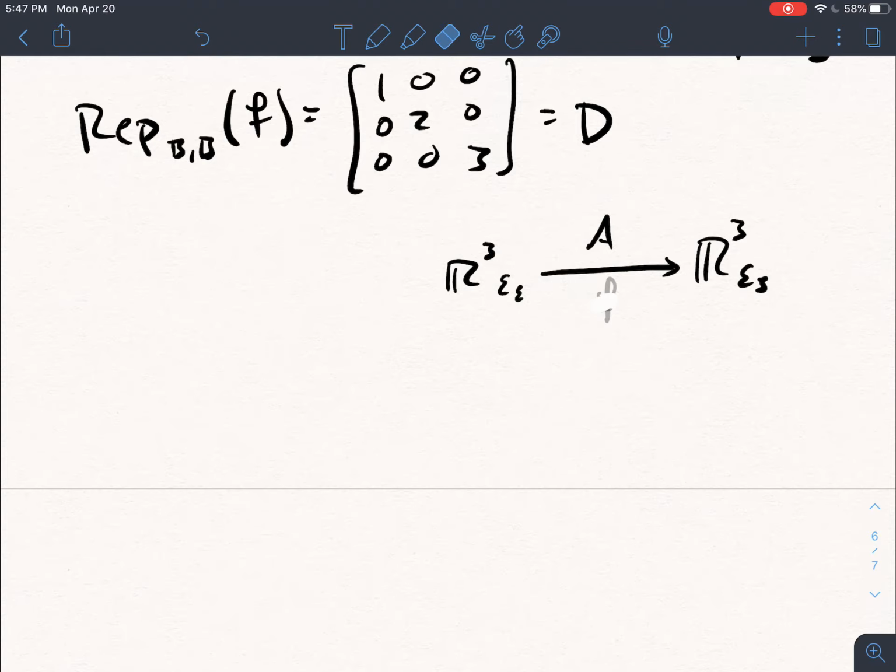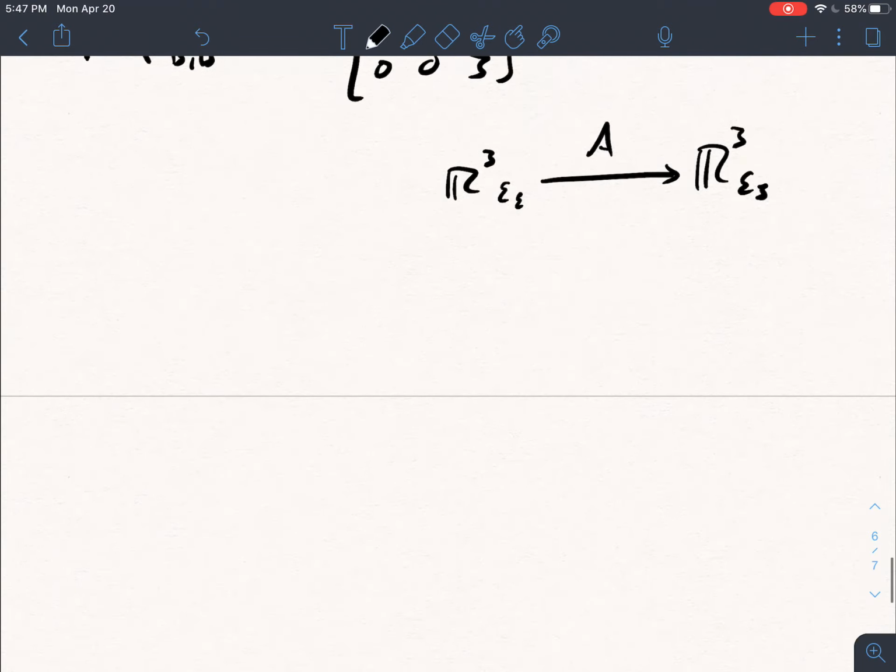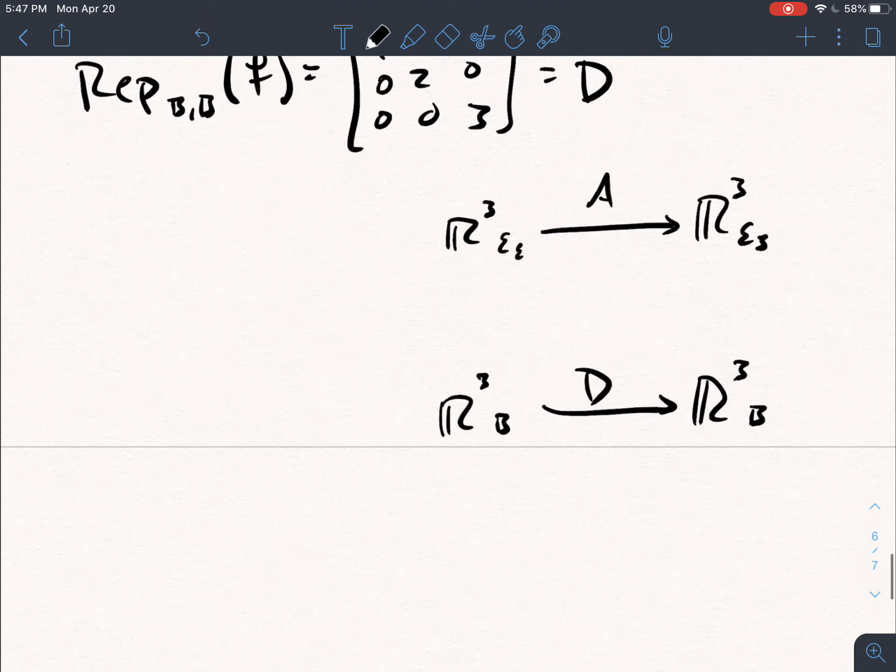So A represents matrix multiplication, as I said before. So this is like the map F right here. A represents that map F that I just described with respect to the standard bases. And then I do R3 with respect to B, R3 with respect to B. This is my diagonal matrix D.